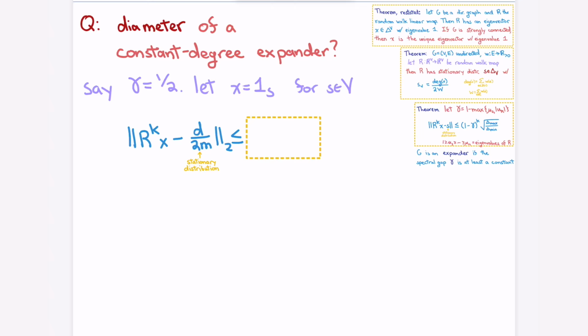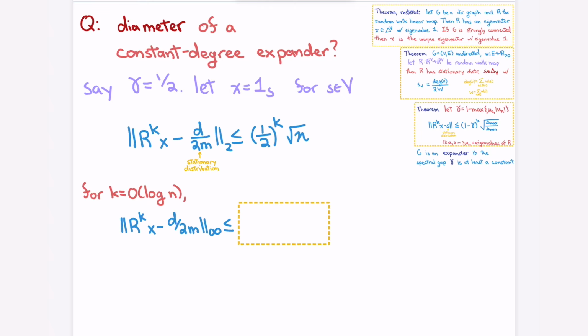So what do you get on the right-hand side? Yeah, 1/2 to the k. I think that square root term disappears because everything's a constant, but it doesn't matter too much. 1/2 to the k. So it's going down really fast. What happens for k equals log n?